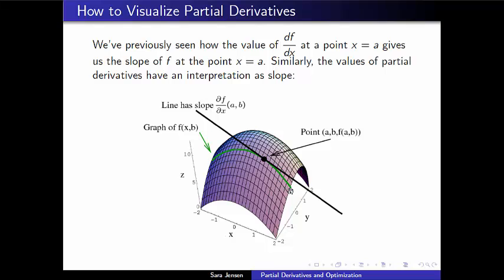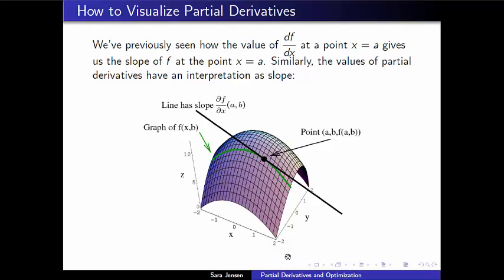If we then considered a particular point for that fixed y value, then if we compute the partial derivative of the function f with respect to x, what we're going to get is a measure of the way that the function is changing along this green line for various different values we could plug in for a.